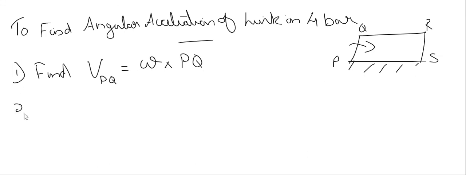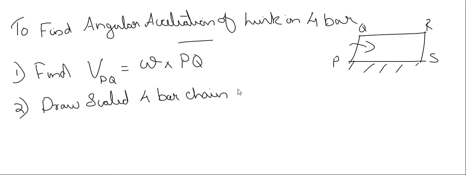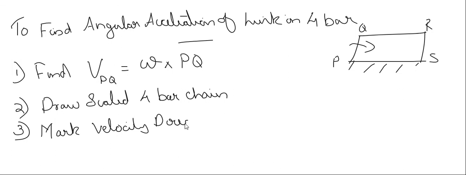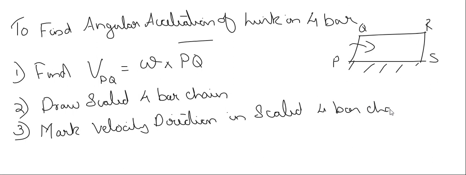Then second, draw the scaled 4-bar chain from the given dimensions of the question. Then third, mark velocity directions in the scaled 4-bar chain diagram.